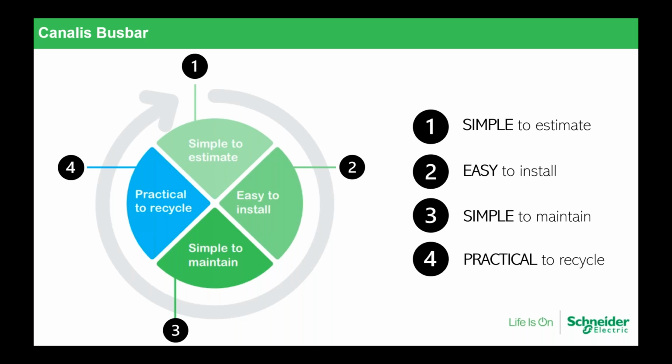So it's quite important on cables to do this, but with the bus bar you don't need to, because the contacts are quite well tested. So yeah, this is the main point on simple to maintain.